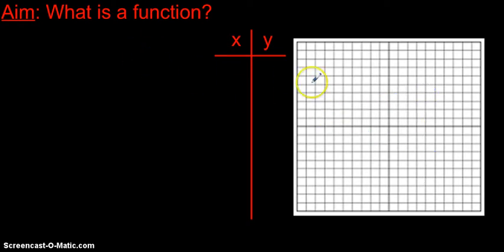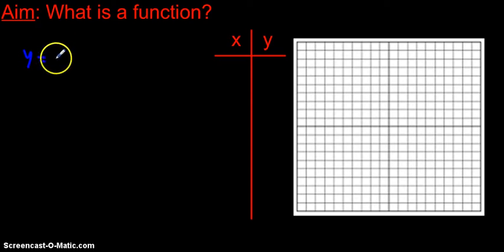Famous functions. We have lines. A linear equation would pass the vertical line test for all places. A parabola would pass the vertical line test. It never hits more than once. So yeah, these are functions.